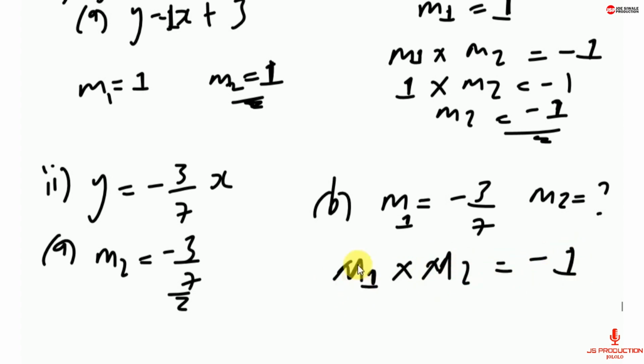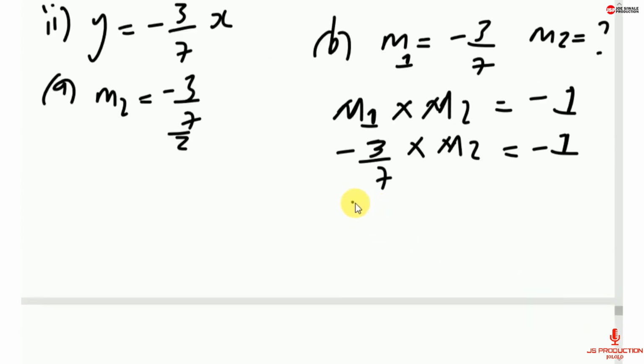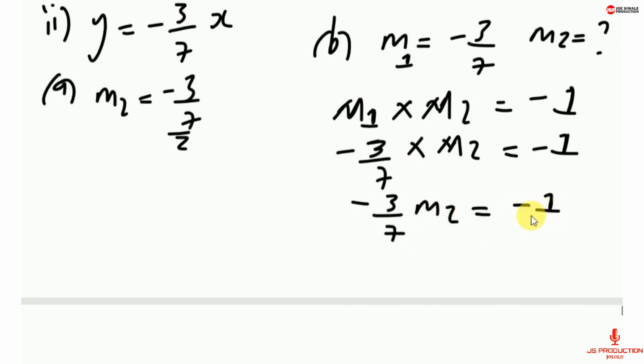So -3/7 multiplied by m2 is equal to -1, which means we can calculate gradient 2.